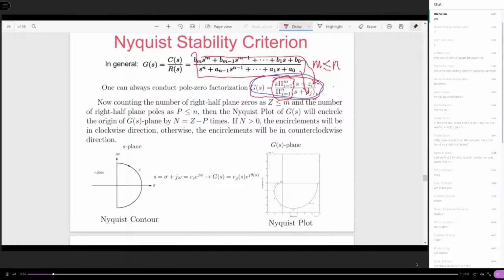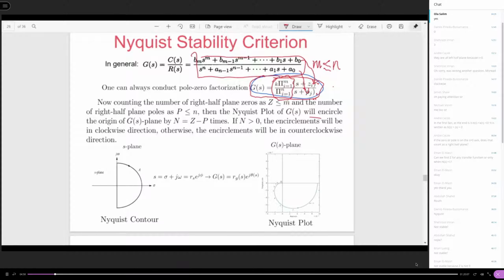Since we have these poles and zeros, it only matters that we count how many zeros are in the right half plane and how many poles are in the right half plane.